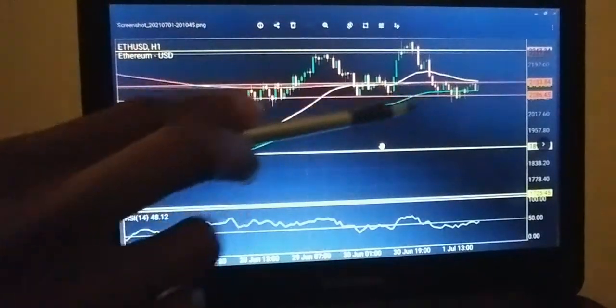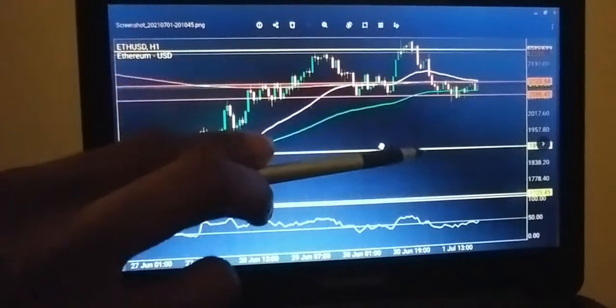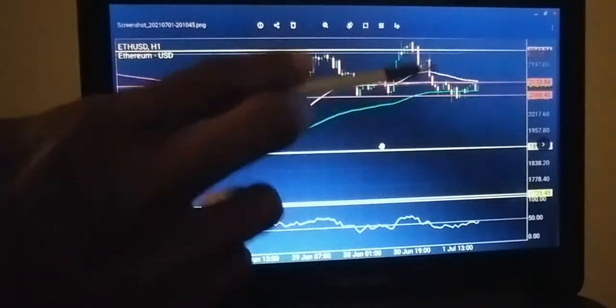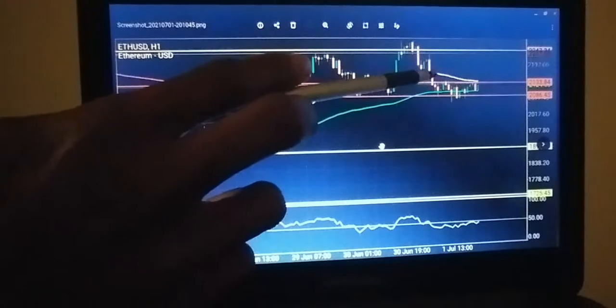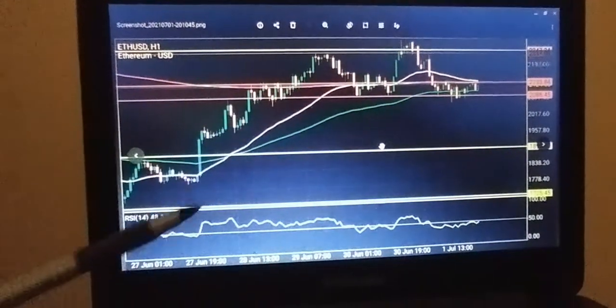And so this could be part of a much larger pullback. But so far, within the past couple of hours, it has been consolidating between all three moving averages that I have on my chart, which is the 21, the 200, and the 50 period smooth moving average. But it's been stuck in between that range. And so what I look to do is watch for a breakout on the up or the downside.